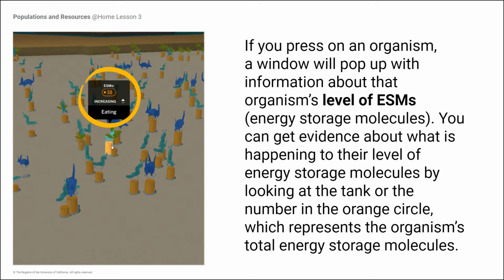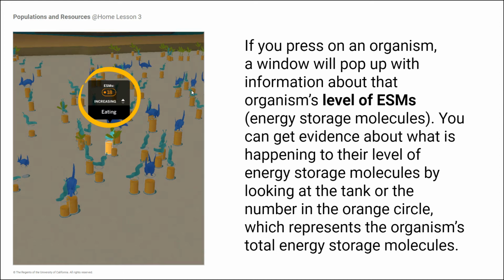So when we click on an organism, we're going to see what the organism is doing. This one happens to be eating. This tells us whether the energy storage molecules are increasing or decreasing. This orange number is the actual number of energy storage molecules, and you can also watch their tank. Their tank will either go up or down depending on what is happening in terms of the energy storage molecules.